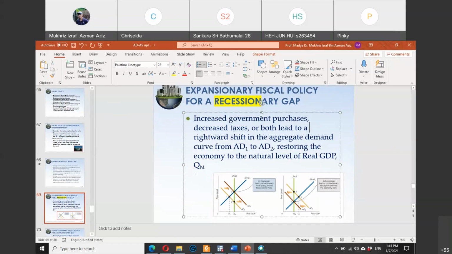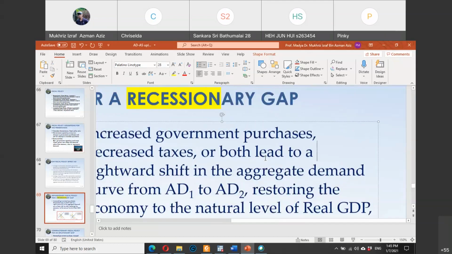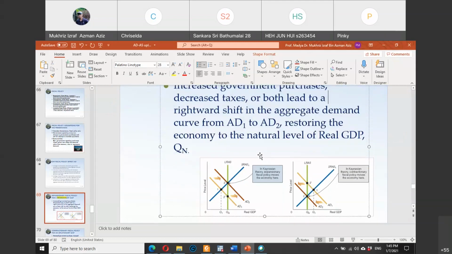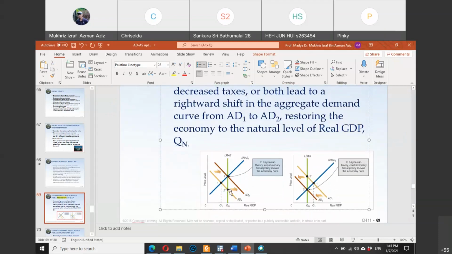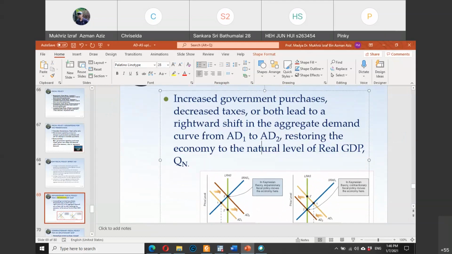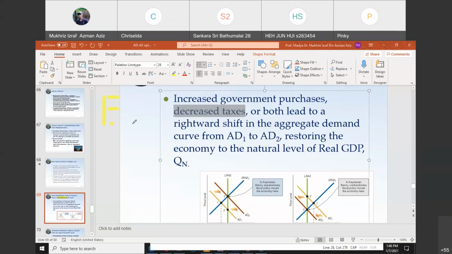The word expand is to improve aggregate demand. For expansionary policy, the government will increase G and also reduce tax. So expanding the economy is done by combining increased government spending and, at the same time, reduced tax levels.